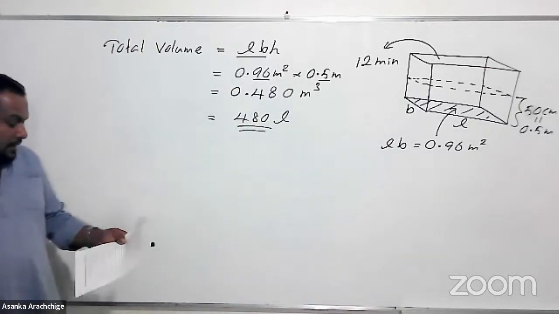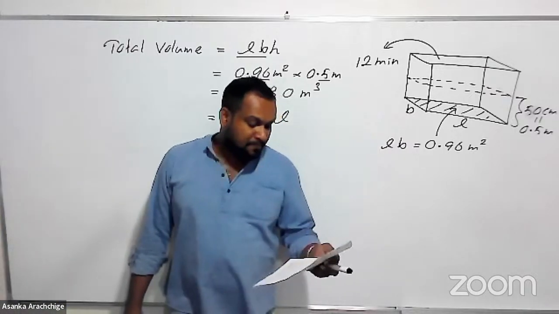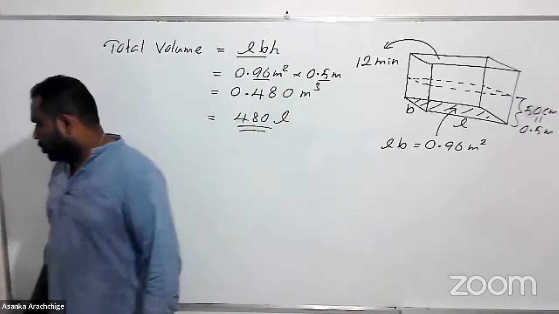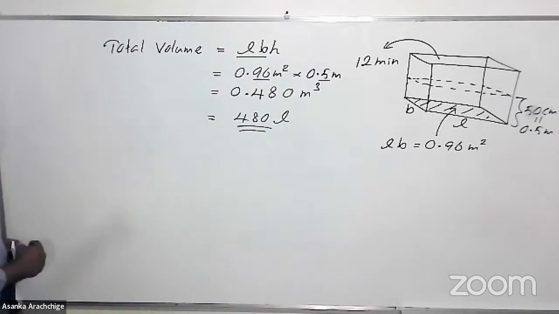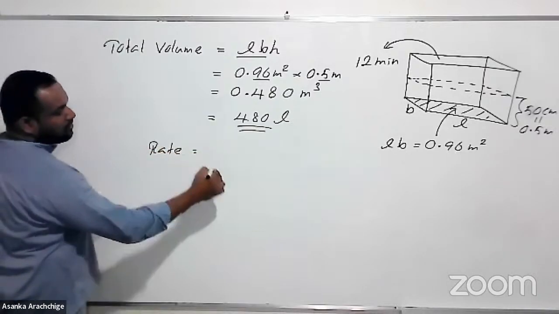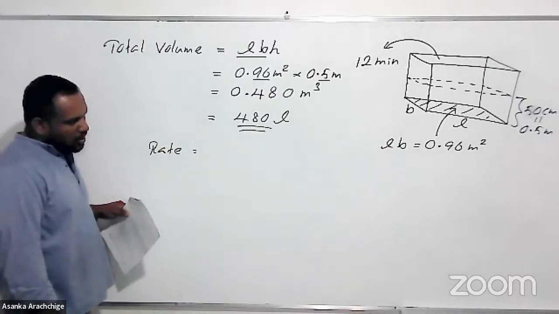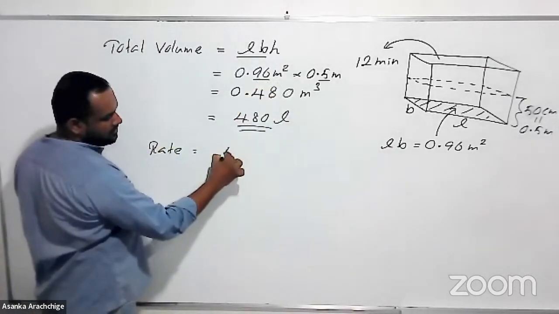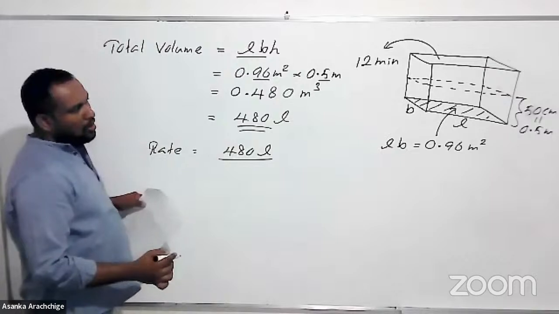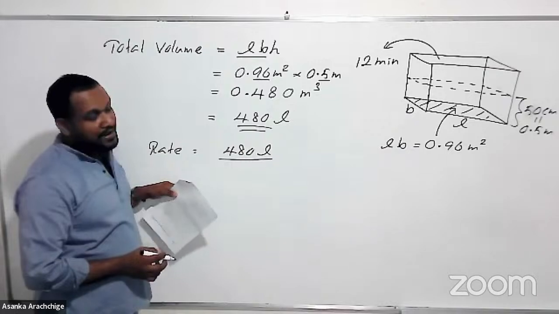Done. Then you have to find the rate at which water is removed through the pipe. When we find the rate, we should divide the total volume removed by the time taken for that process. The total volume removed by the pipe is 480 liters. How long has it been for this process? 12 minutes.